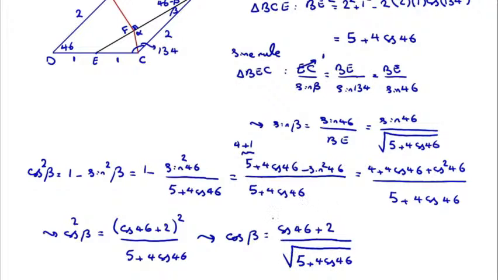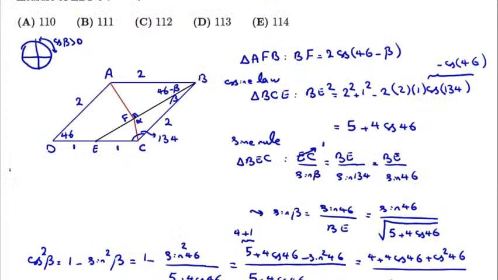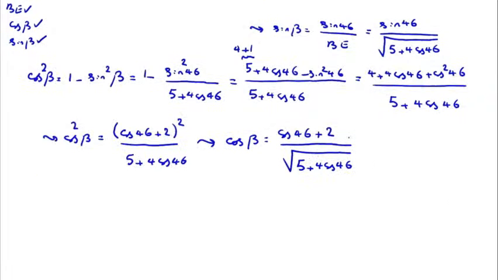So we found cos beta. Let's recap what we've reached so far: we found BF, we found B, we found cos beta, we found sine beta. Also, we can find tangent beta, because in both of them we have the same thing in the denominator.